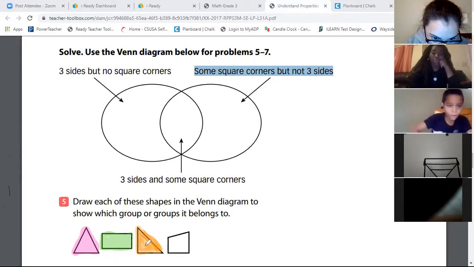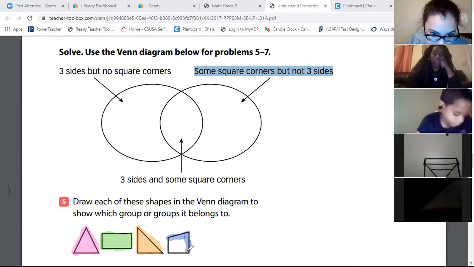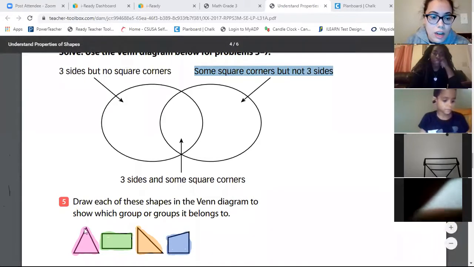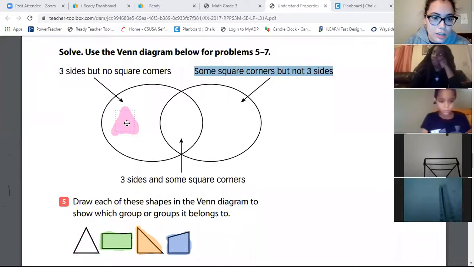So Sean, what's your question? I'm confused. Okay, so I'm trying to draw this here so I can show you. You're going to draw this little Venn diagram. You're going to draw the two circles like this on your paper. And then you just have to redraw these shapes into the category that they belong in.